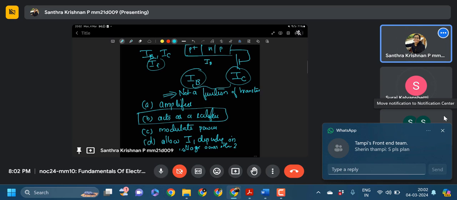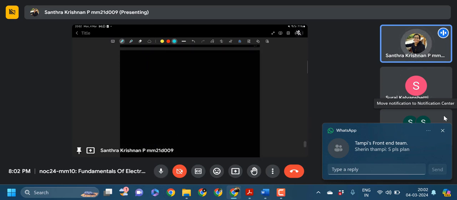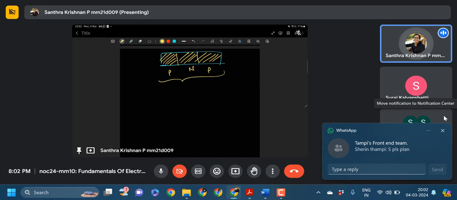FET. Like a BJT, while depositing the semiconductor itself, these regions will be differentiated, right? You have a P material, an N material, and a P material, sandwiched and treated and so on. But FET is the field effect transistor. There are no distinct junctions.